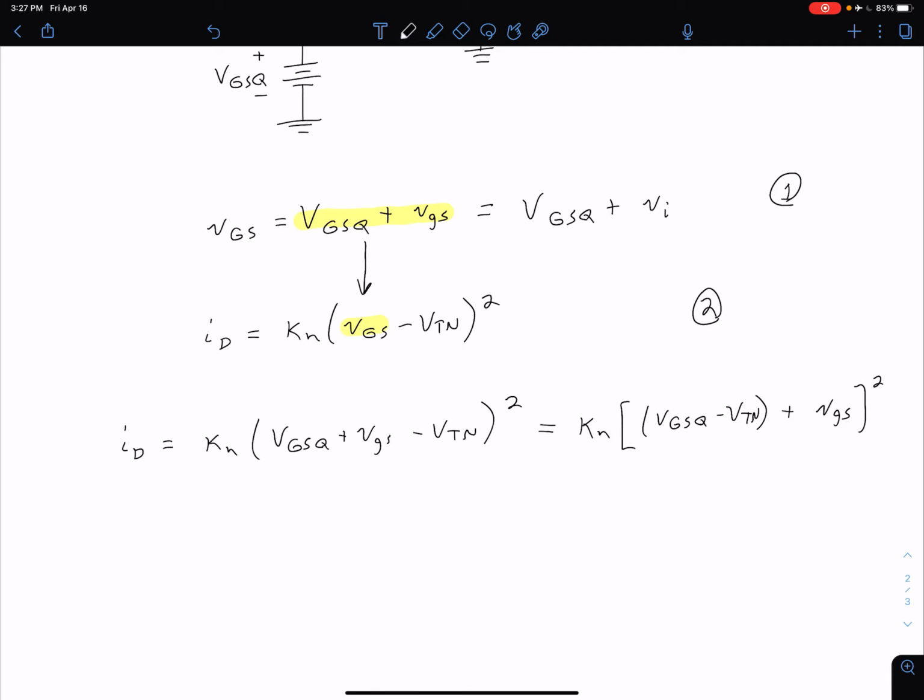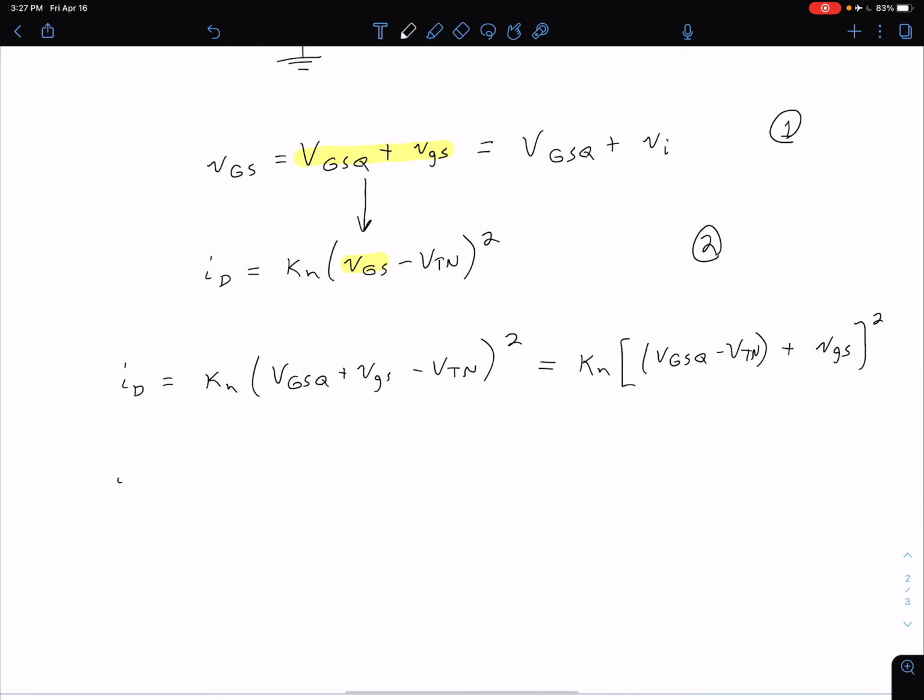Now we can factor that out, multiply that out, and what we get is that our drain current is going to be equal to Kn times, we're going to have that first term. If it's easier to visualize, you can think of this whole parameter as being some parameter, you could call it x, whatever you want. So we're going to have x squared.